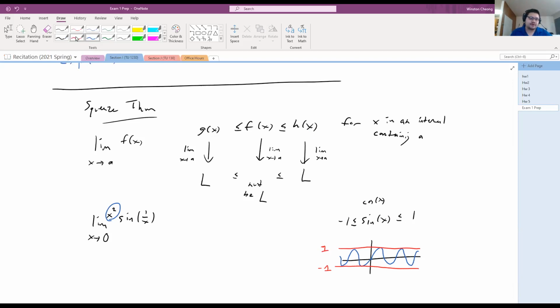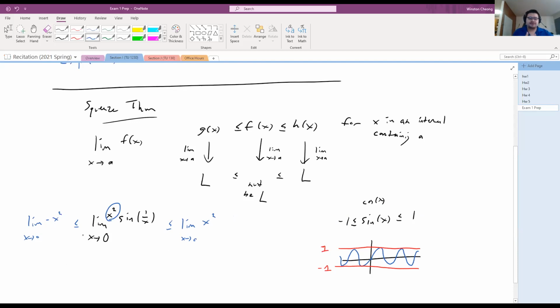So for this particular problem, you would bound it above by x squared as x goes to 0. There's a times 1 there because we're multiplying this side of the inequality. And it's bounded below by negative x squared, where the negative is coming from this -1 here. So it's bounded above and below by negative x squared and x squared.